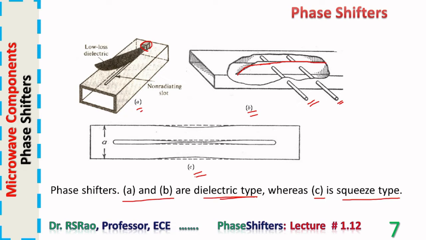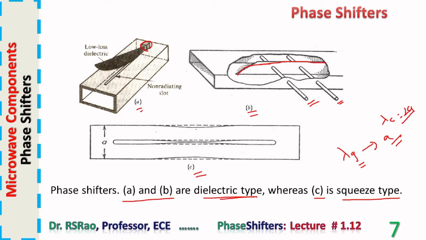What is a squeeze type? We have seen guide wavelength. It depends upon dimension a also, because lambda c is 2a. Lambda g depends upon lambda c. Lambda c is 2a for dominant mode wave. Changing a naturally changes lambda g, which ultimately causes a change in phase shift.